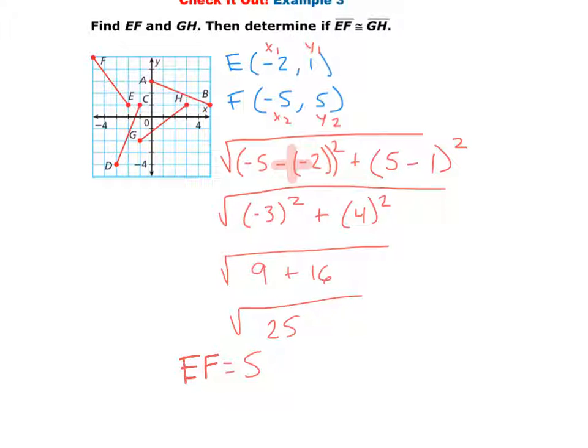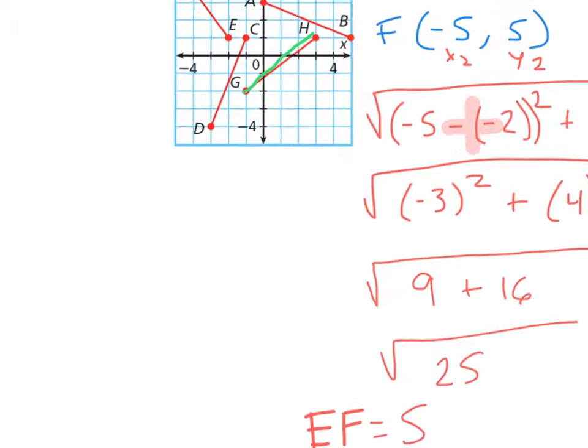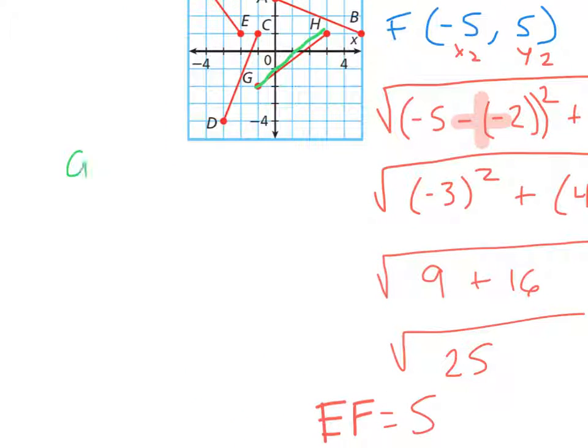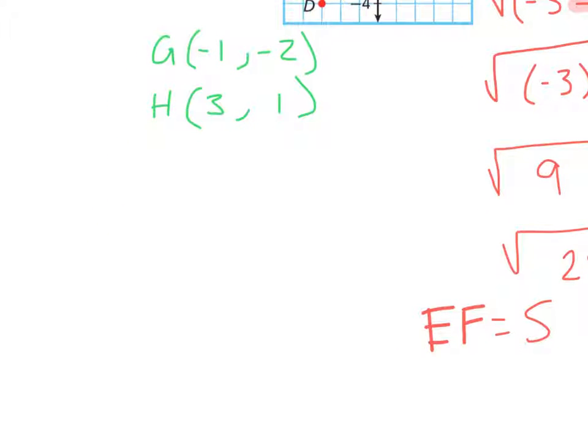So now let's find GH. So what is the point of G? Negative 1, negative 2. And what's the point of H? 3, 1. So we have the square root of x2.